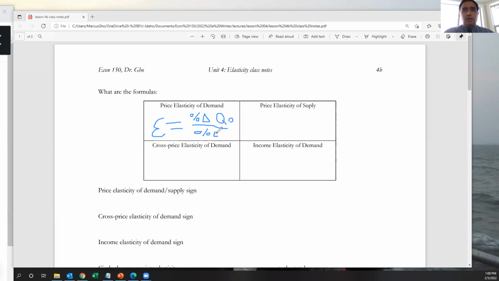The delta is the Greek sign for change. And elasticity of supply, there should be two P's in there. Elasticity equals, again, the percent change of quantity, and you put an S down here, supplied, over the percent change of price.